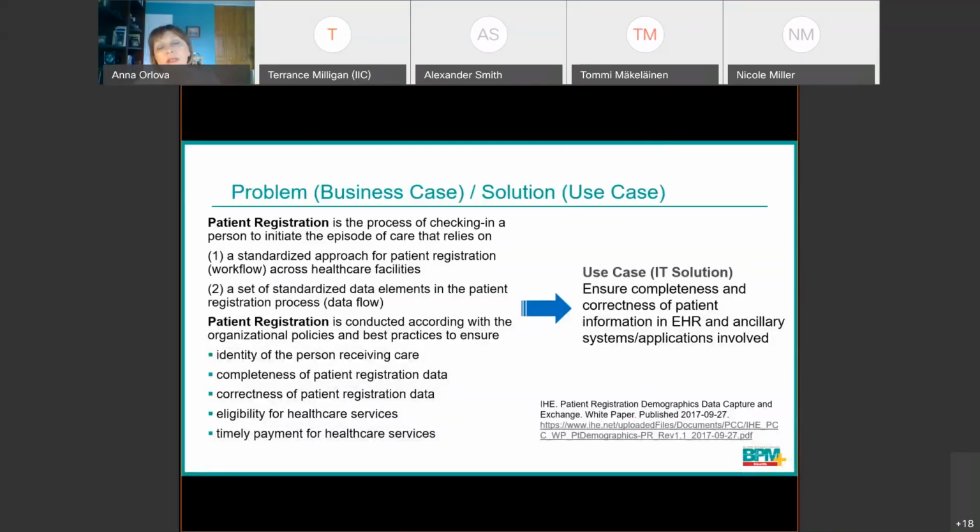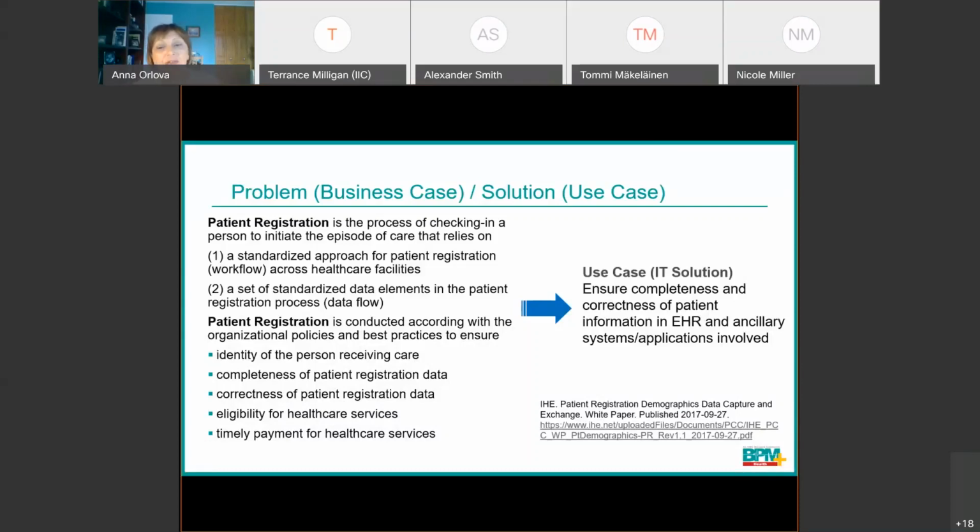So the first project we worked on was a patient registration use case, and that's because at that time Lee Wise, another co-chair of the EPI group, and myself just got together and thought about what plans for our projects could be in the EPI group.